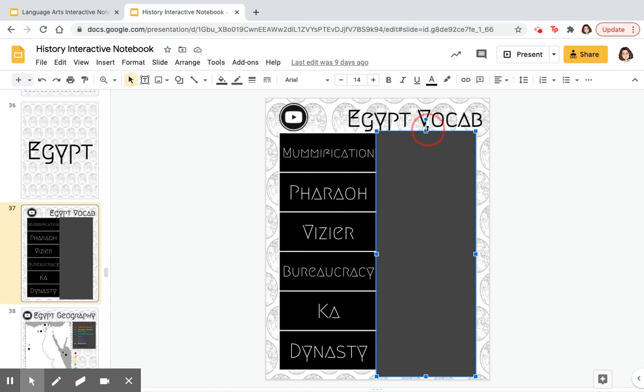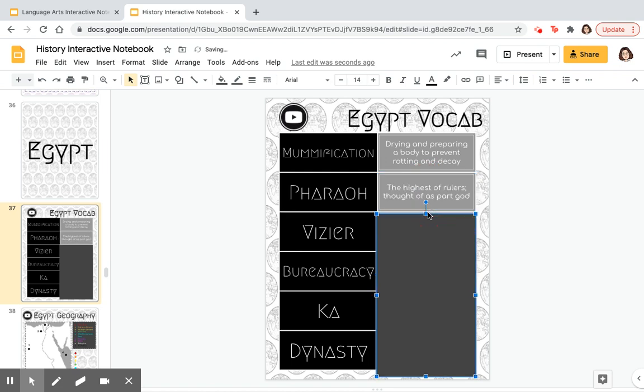The definition for mummification is drying and preparing a body to prevent rotting and decay. A pharaoh is the highest of rulers, thought of as part god.